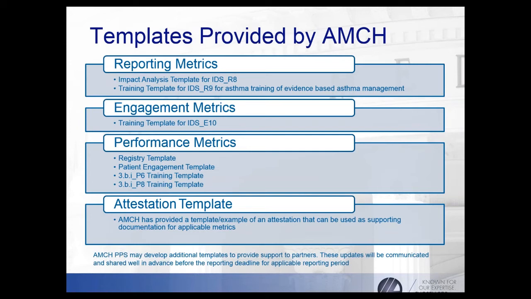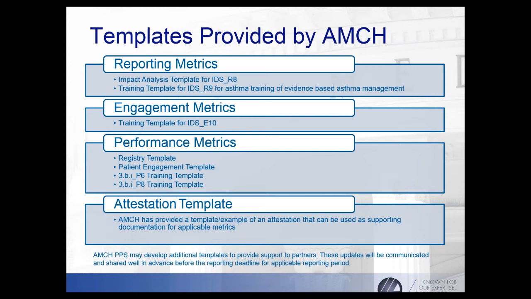Only one attestation cover sheet is required per reporting period, so you will be submitting one with reporting period 2 and one with reporting period 3. This will also be saved as a PDF, and it is a tab available in your reporting templates, and you'll submit that along with your final submission.